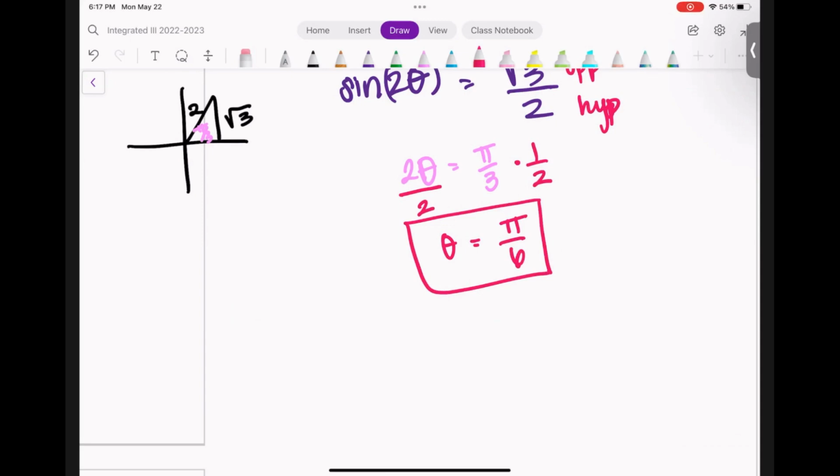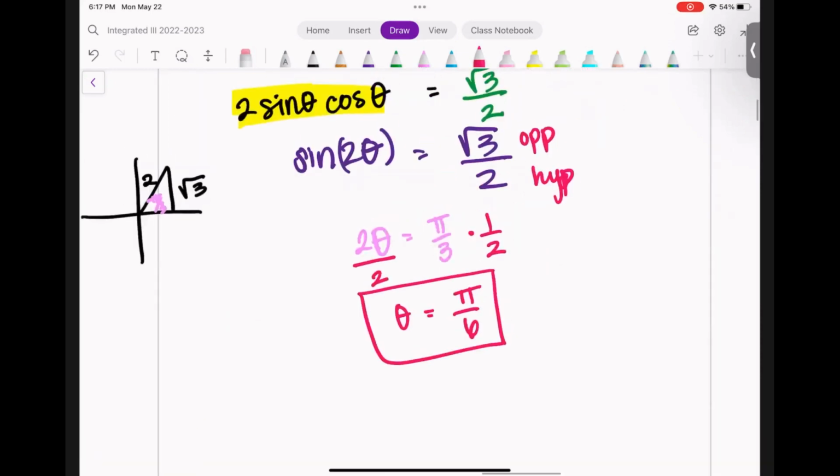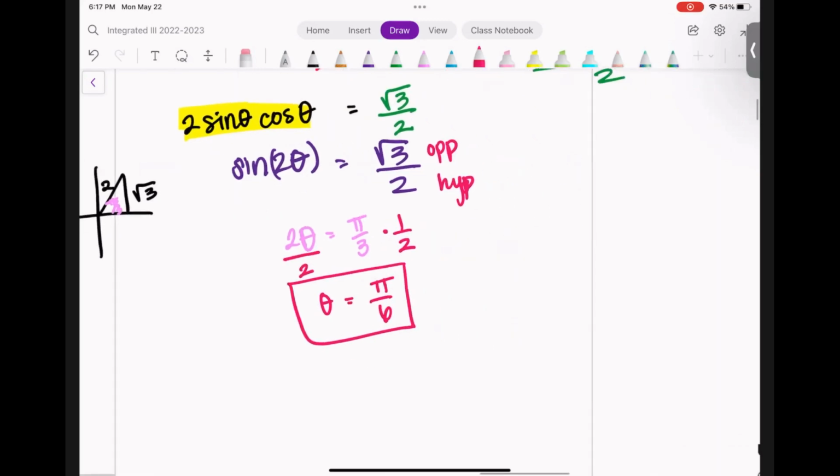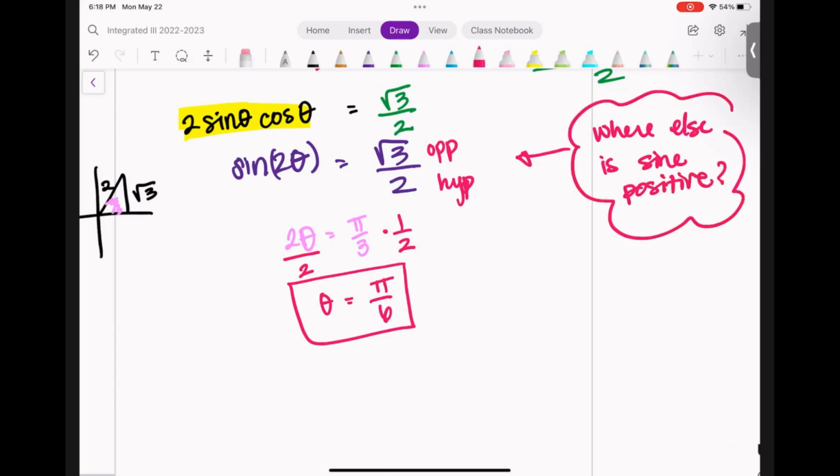Now because we have to find the other solution, you're asking yourself at this point, where else is sine positive besides the first quadrant? This is the question you need to ask yourself.